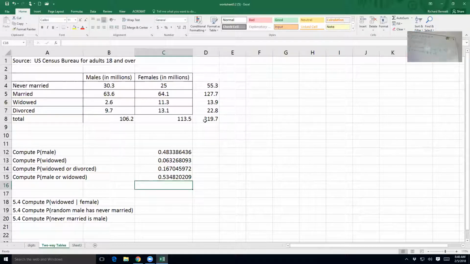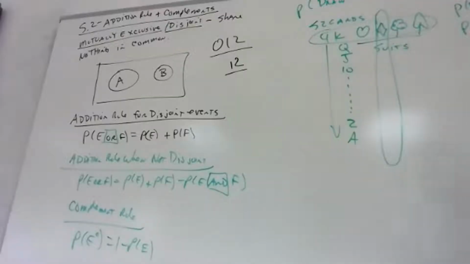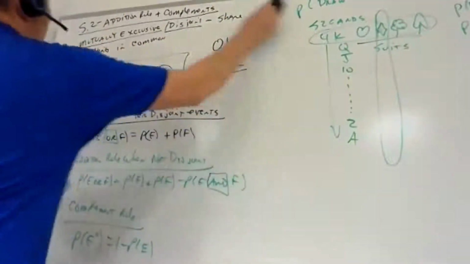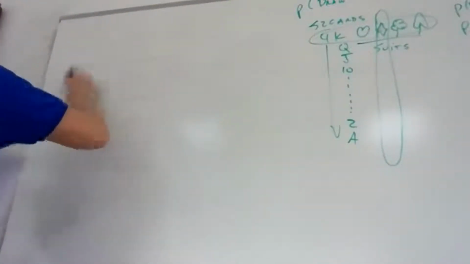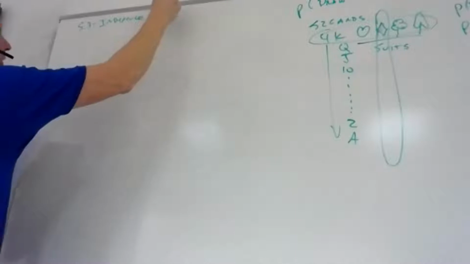Let's move on to 5.3, which is the independence rule. I'll stop sharing again here. All right, so 5.3, which is independence and the multiplication rule.